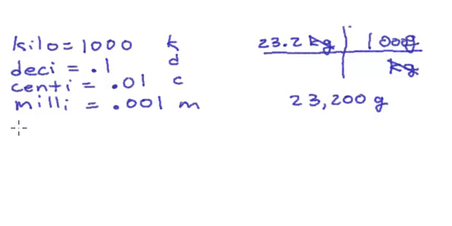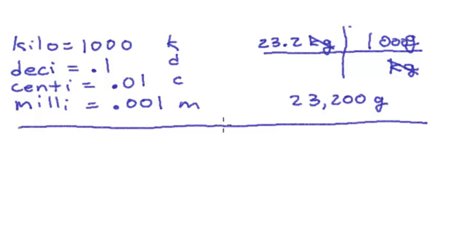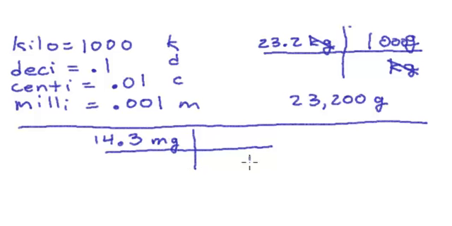Okay, let's try another one. Let's say that I have 14.3 milligrams. And I would like to know how many grams that is. I set up my chart. I have milligrams here. I want those to cancel, so I'll put them here so that they'll cancel.